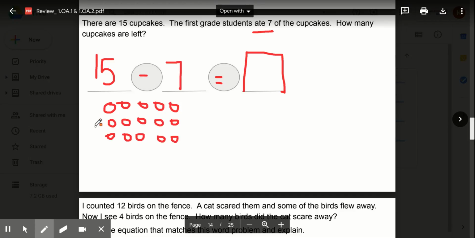And the first grade students ate 7, so I'm going to take 7 away. 1, 2, 3, 4, 5, 6, 7. How many cupcakes are left? 1, 2, 3, 4, 5, 6, 7, 8. There are 8 cupcakes left.